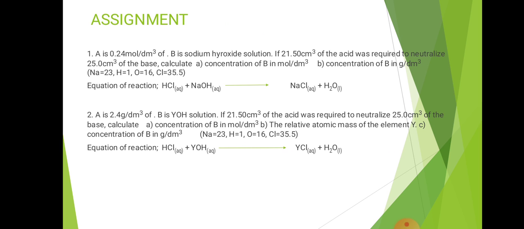Now, that base is not completely known, so you are having it as Y hydroxide. Therefore, you have to determine the atomic mass of Y. If you can determine the atomic mass of Y, then you will know which element Y is. From there, you have to calculate the concentration of B in gram per dm cube.